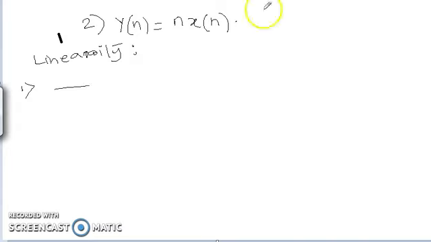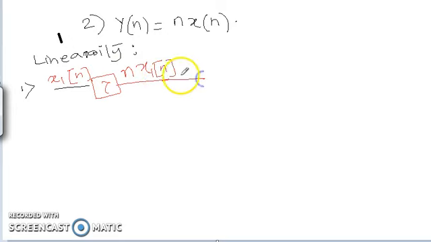We are taking two inputs. x1[n] is put through the transfer function, and in the transfer function the input will only be multiplied with the value n. Then this is scaled with a quantity alpha 1.